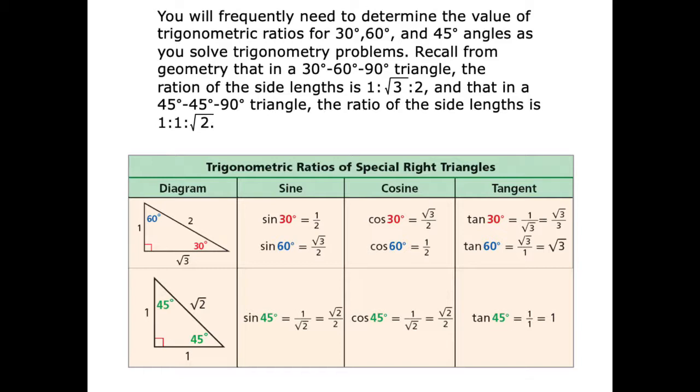So for the 30, 60, 90, your side lengths would be 1, square root of 3, and 2. And then for your 45, 45, 90, it would be 1, 1, and square root of 2. And looking down below at the table, this is a really handy thing to write down because these are ones that you will use a lot.